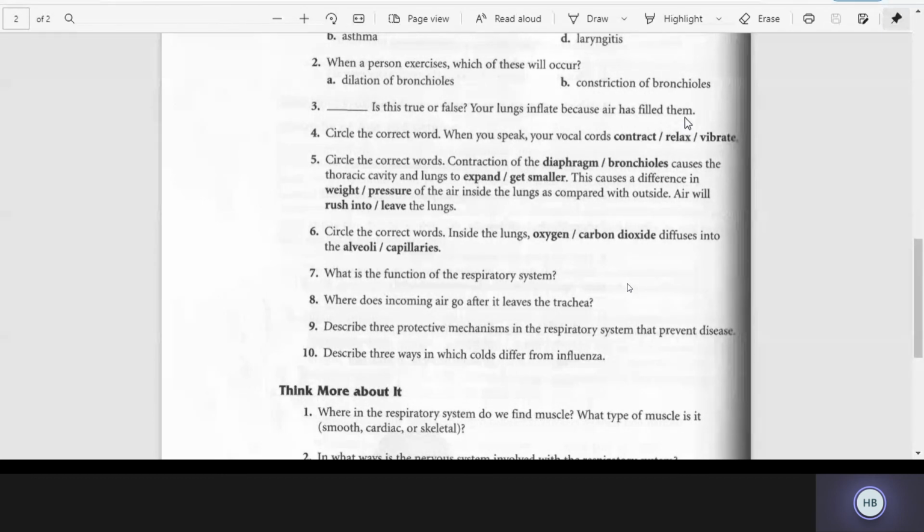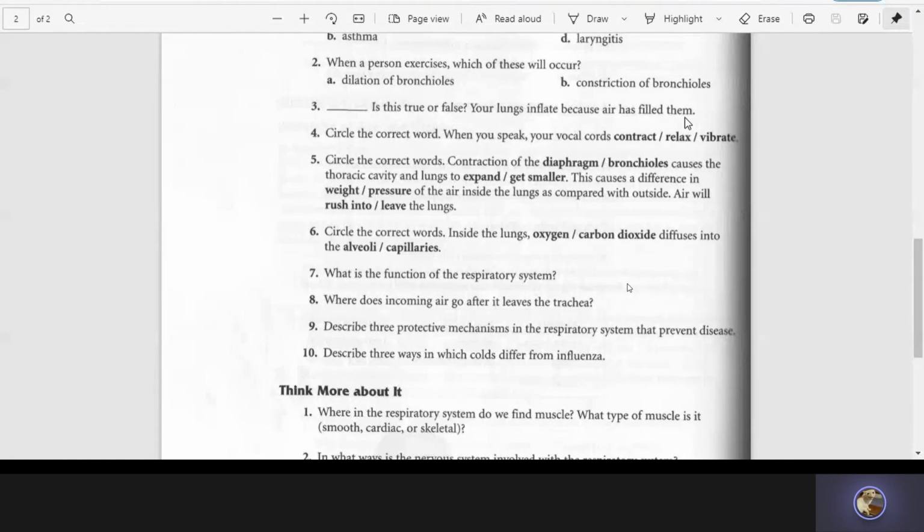When we breathe in, the diaphragm contracts to give more space to the lung, and when we breathe out, your diaphragm relaxes. That's the time when we breathe out carbon dioxide. So this is the false statement: your lungs inflate before air comes in, not because air has filled them.